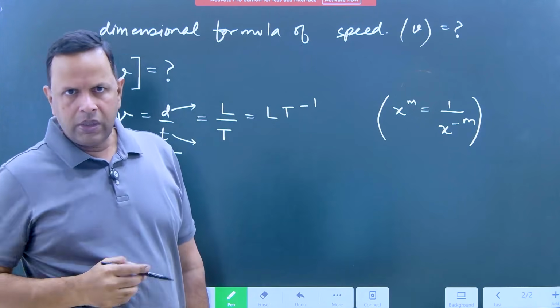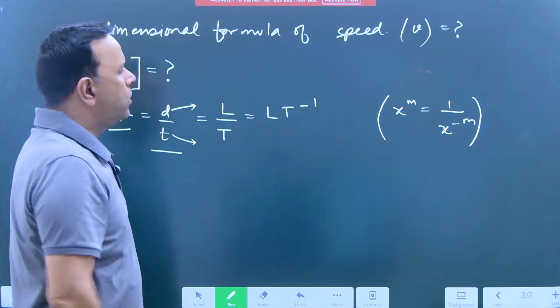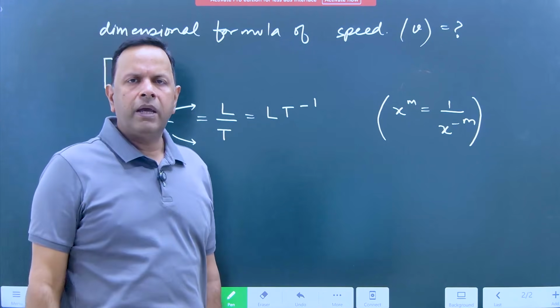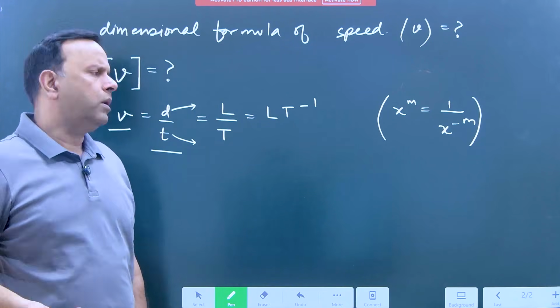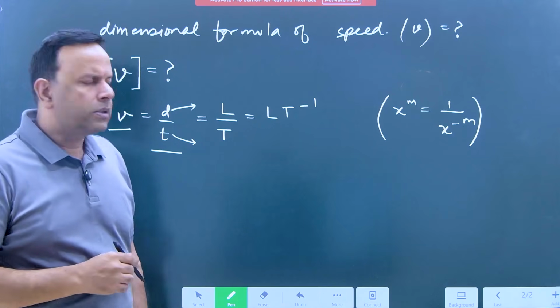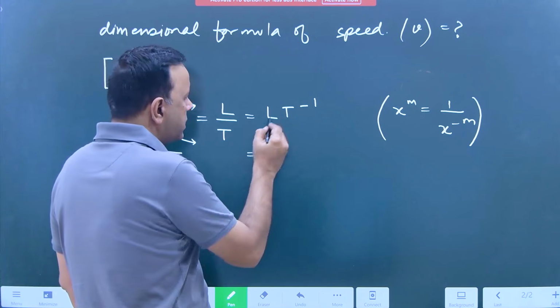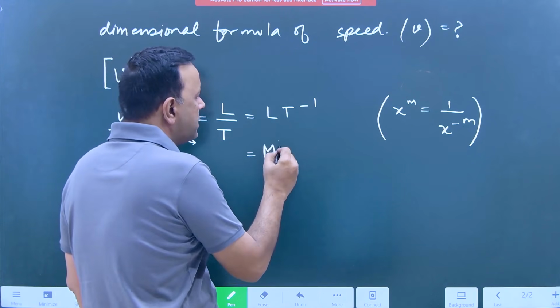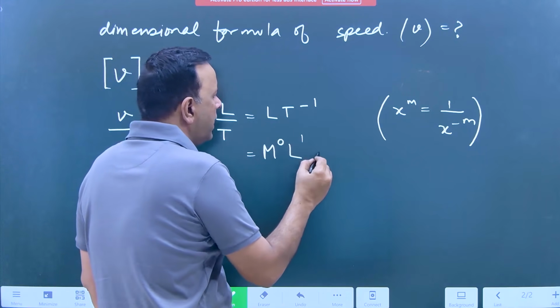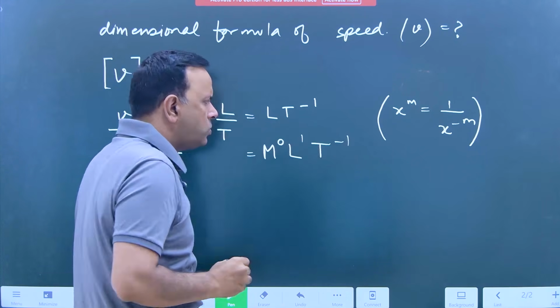So I have used that relation. So now it looks like LT minus 1. And if you read in some books, you might read that the same thing is written as M raised to 0, L raised to 1, T raised to minus 1.